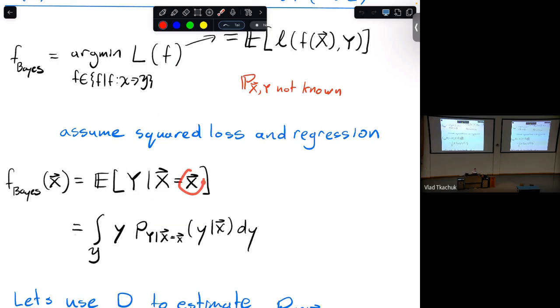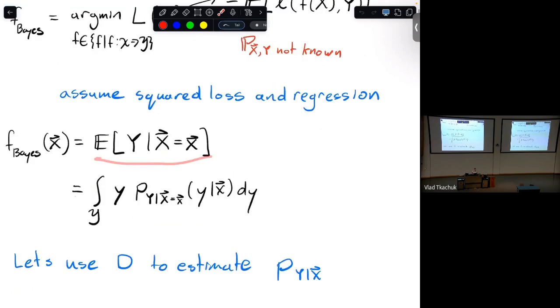That turns out to be the best you can do, the optimal predictor. If you expand this expectation, it has the following form, just the definition of an expectation. Since it's the regression setting, it's the integral of the values of your labels multiplied by the corresponding probability density of those labels conditioned on x.